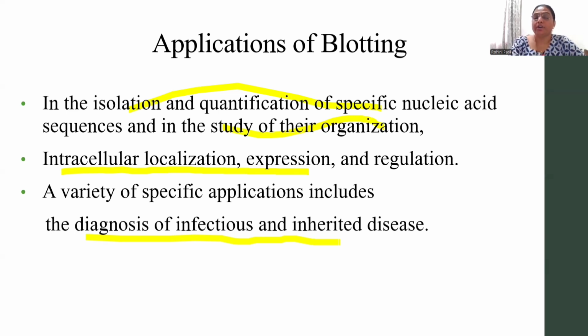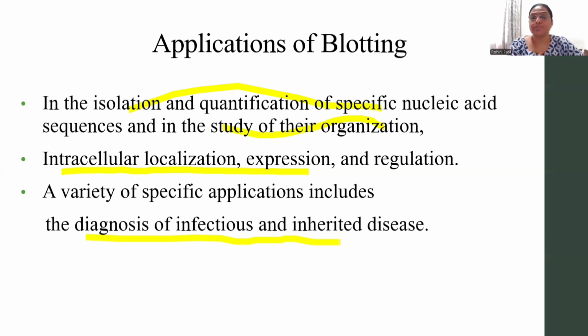I think you may have cleared up the blotting techniques. What do you mean by the blot? When you say blot or blotting, it is the transfer of nucleic acid from the gels to the solid support. And here the solid support may be nitrocellulose or a nylon membrane.